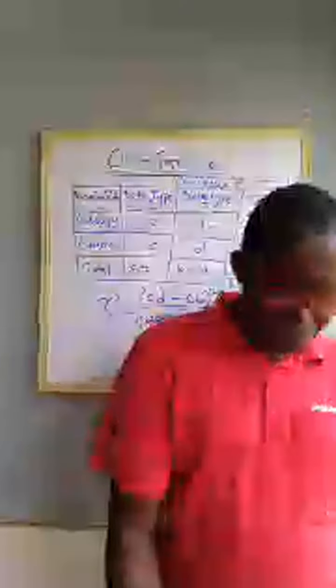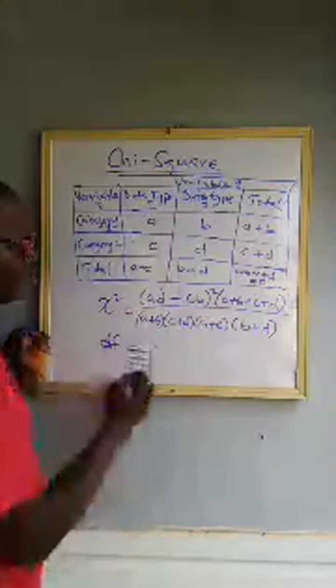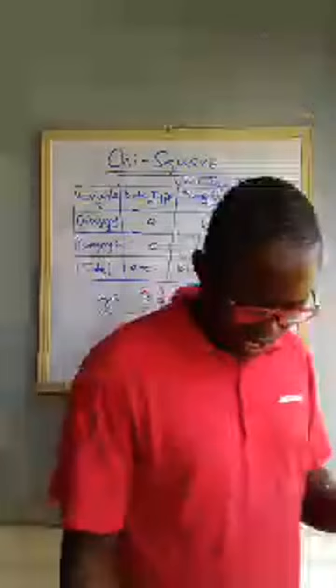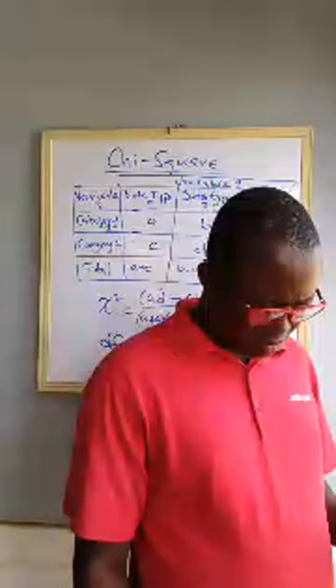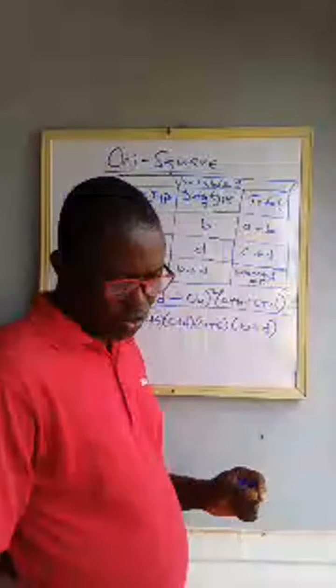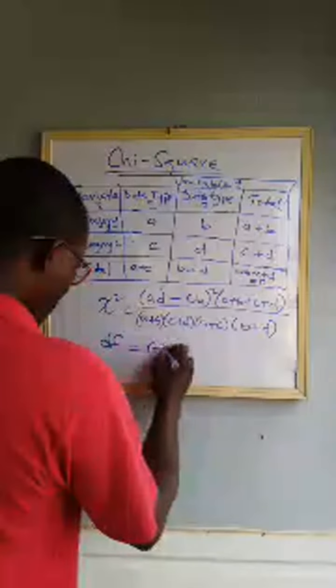Now, with this, you will look for degree of freedom. Degree of freedom is determined from the rows and columns: rows minus 1 multiplied by columns minus 1. That is the number of rows minus 1 multiplied by the number of columns minus 1.